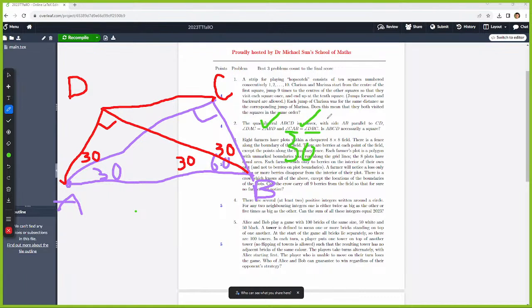Okay. So what else do we need to check? Okay, good. You want to check that AB is parallel to CD. So how do we check that?